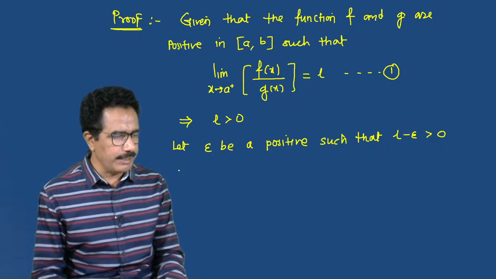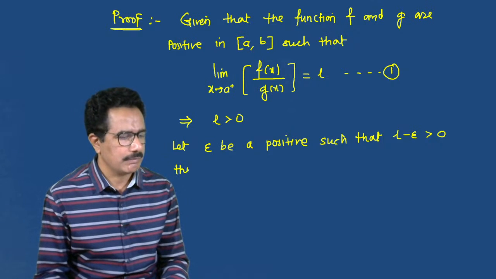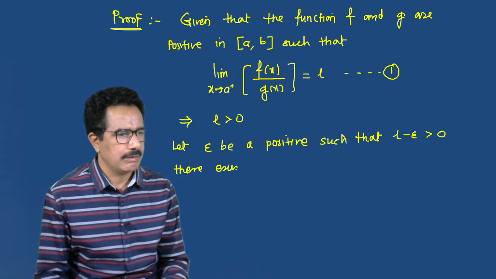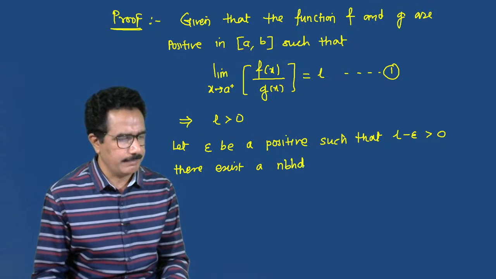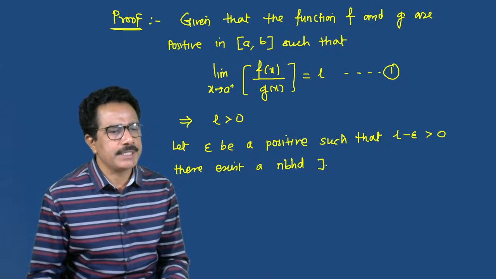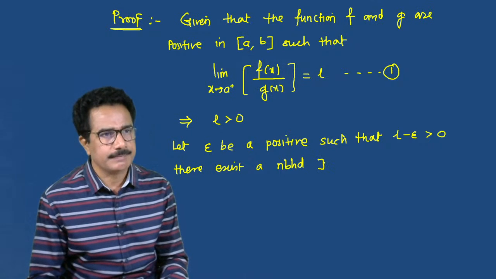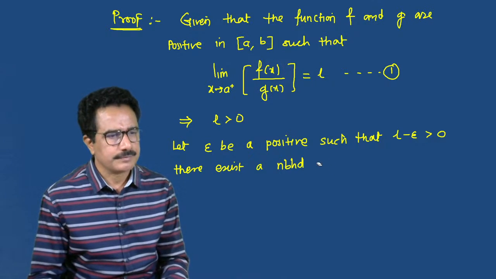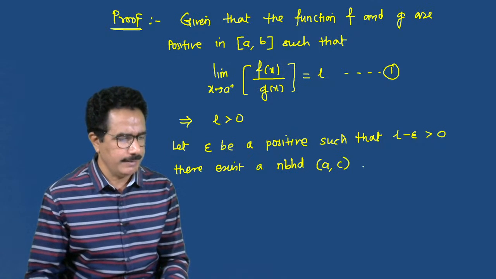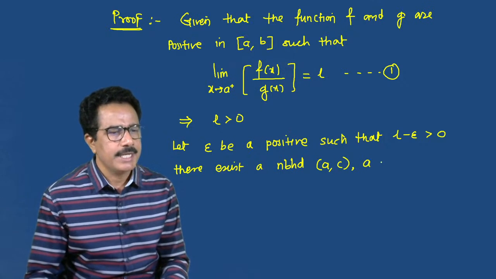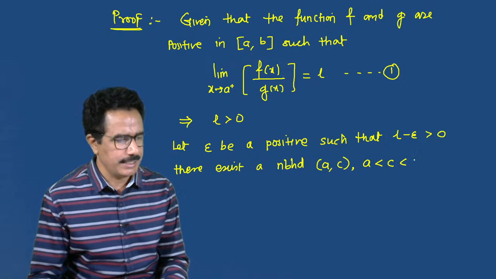There exists a neighborhood, suppose open interval a comma c, such that a is less than c is less than b, for all x belongs to open interval a comma c.